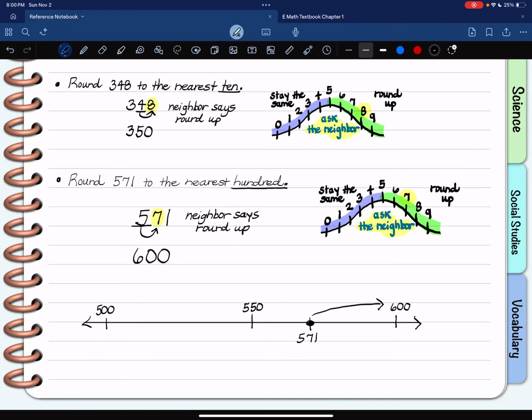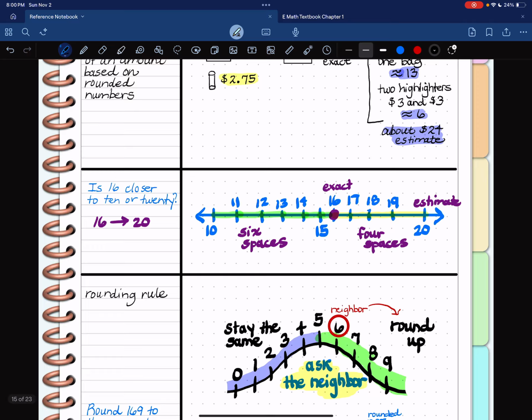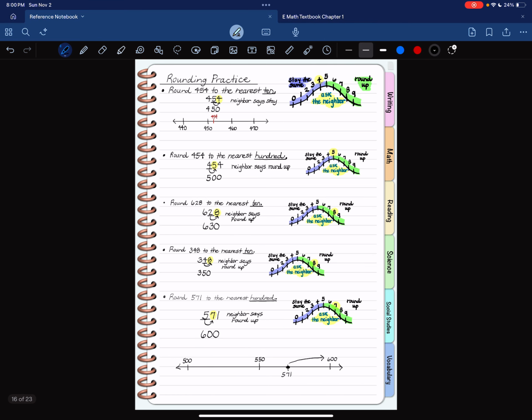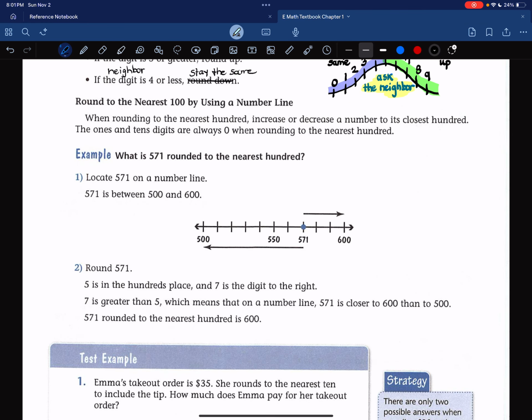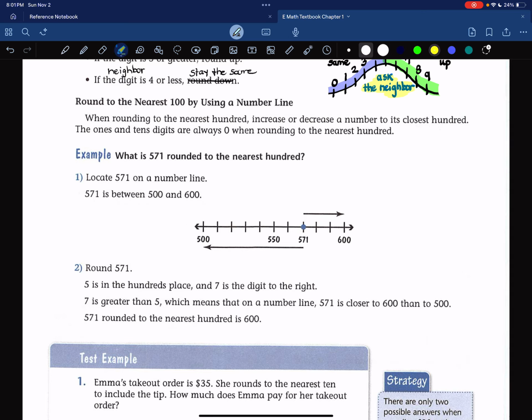That's all they're saying. And we did look at this in our notes. Remember, we talked about the number line way. You can use either way you want to round. They're just trying to give you lots of tools that you can follow. Okay, if you check our answer, it did indeed come out to be 600, so we are correct. And here's a number line very much like ours. What they're saying is that this distance is shorter than this distance, and therefore it rounds to 600.